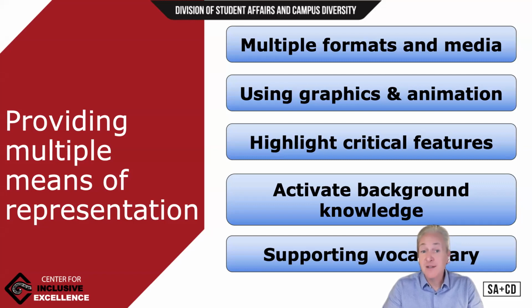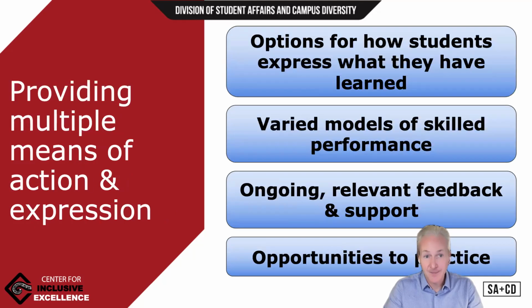This may also involve using graphics and animations and content maps when presenting content, highlighting critical features, activating background knowledge, supporting vocabulary so students can acquire the knowledge being taught. You may want to consider using audio files, video with captions and transcripts, electronic books and articles, lecture recordings and notes, accessible graphics, and accessible documents with tables of contents, tabs, and headers.